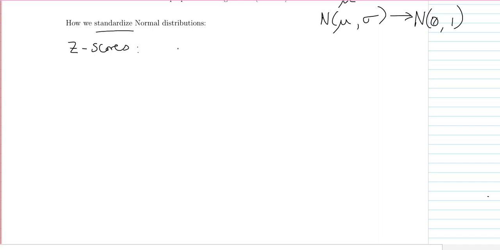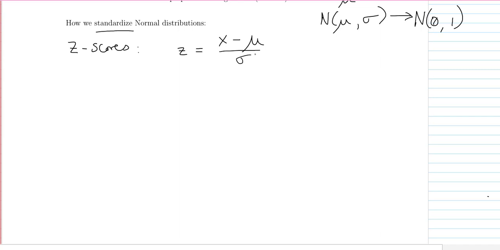And we calculate that by setting z, which is just a variable. You can call it whatever you want. It just so happens in statistical literature we use the letter z. z is equal to x, your value on your normal distribution defined by mu and sigma, minus mu, over sigma.